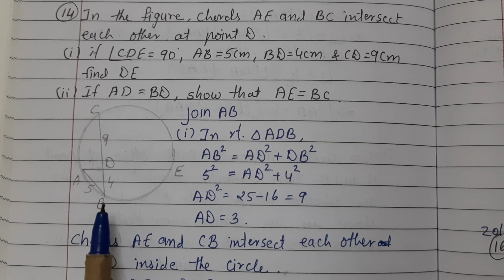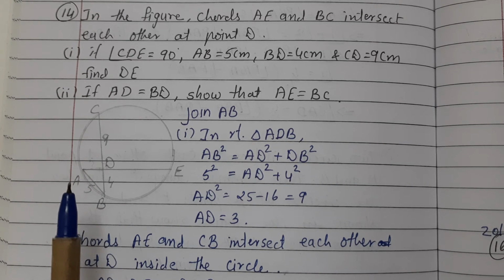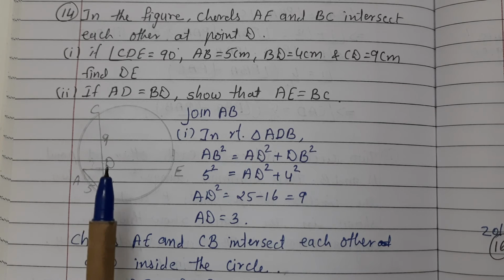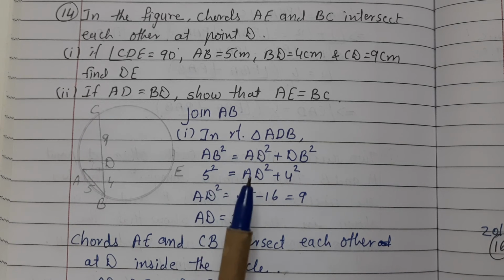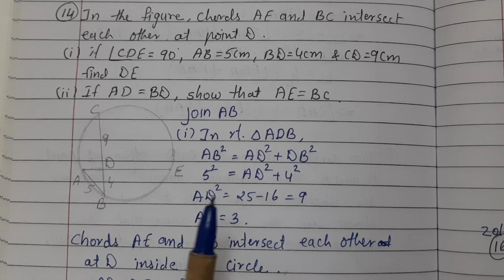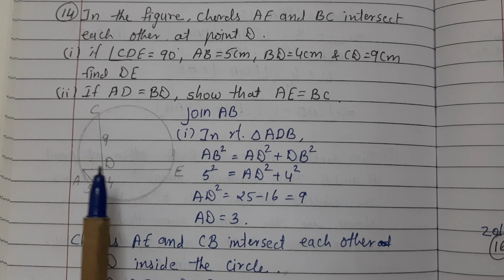Join AB. In right triangle ADB, AB square is equal to AD square plus DB square, which is 5 square equal to AD square plus 4 square. AD square equals 25 minus 16 equals 9. AD equals 3.